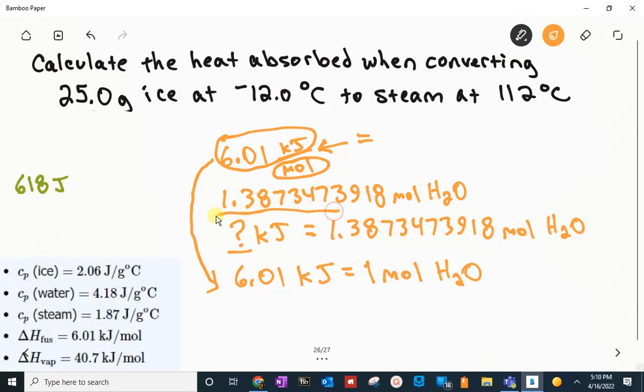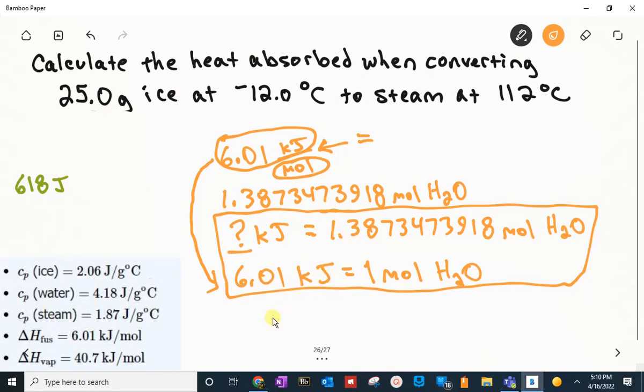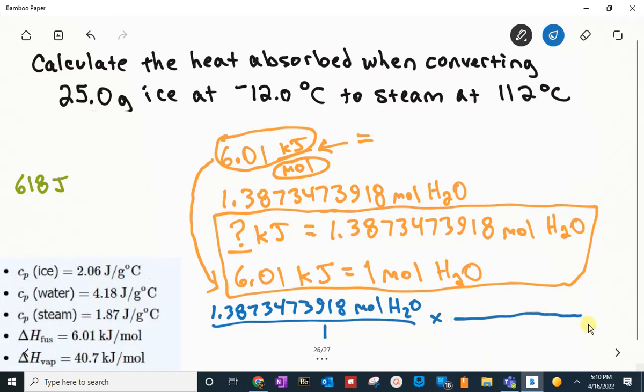So this would be your data table. If we start with the question mark row, we're going to have 1.38734733918 moles of H2O over 1, and then a times sign. We put the moles of H2O on the bottom, where it mentions 1 mole, and whatever's on the other side of the equal sign goes on the top of the fraction bar.